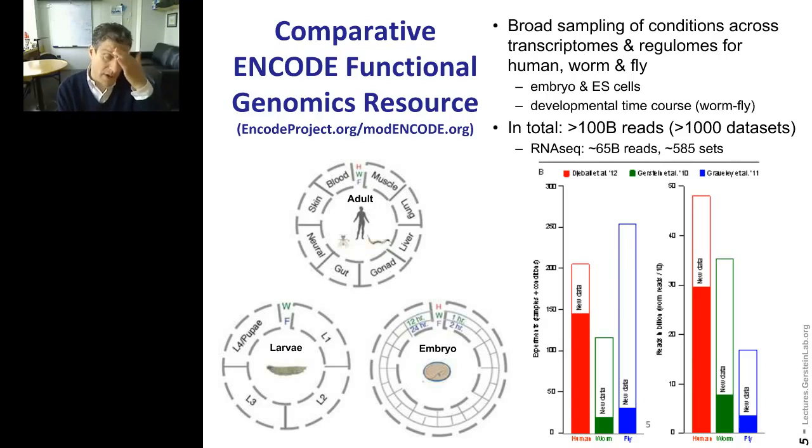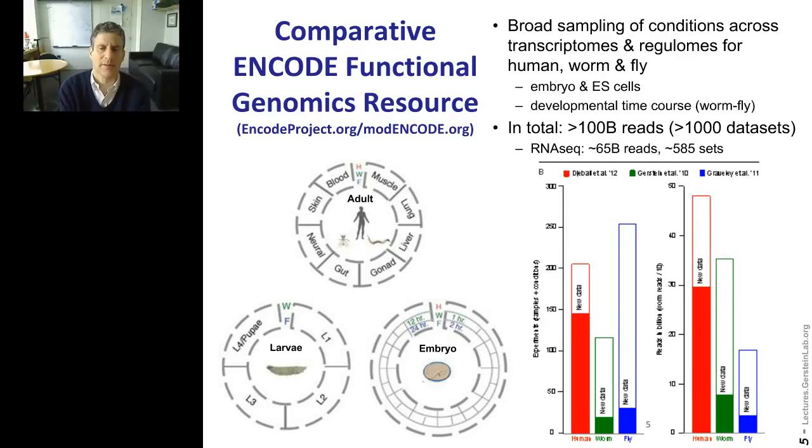And then there's also matching, or as best match as possible, data sets for these two model organisms, worm and fly. And some of these data sets are collected on cell lines, but most importantly, they're also collected on the tissue of the organism and through its time course of development. So one can watch the development of the worm and fly from an embryo all the way to an adult. And in total, the data set is very large.